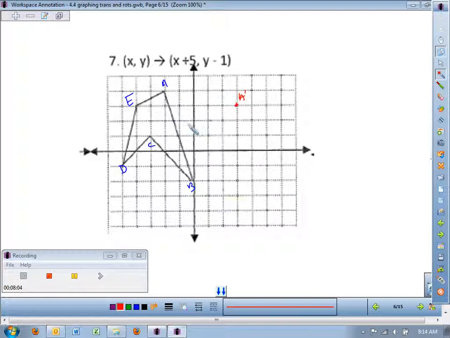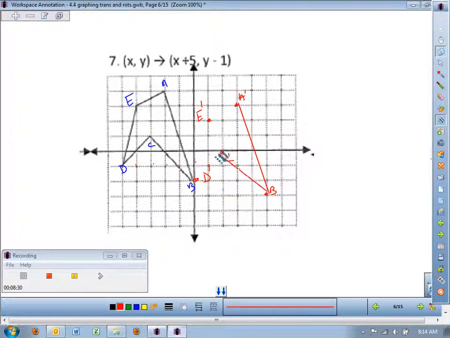A prime. 1, 2, 3, 4, 5, 1 unit down. B prime. 1, 2, 3, 4, 5, 1 unit down. C prime. 1, 2, 3, 4, 5, 1 unit down. D prime, ooh, D prime and B, same place, big deal. 1, 2, 3, 4, 5, 1 down. E prime.